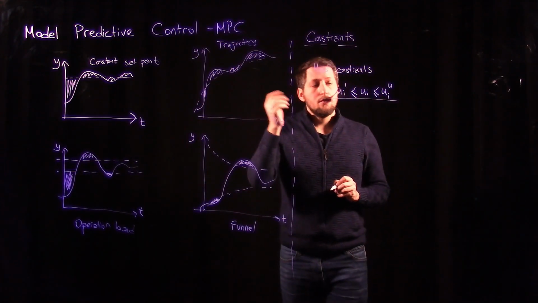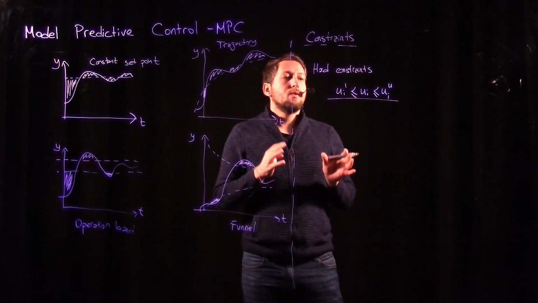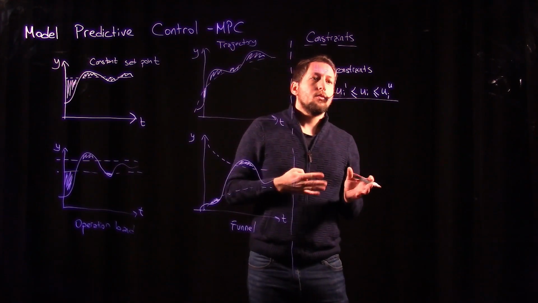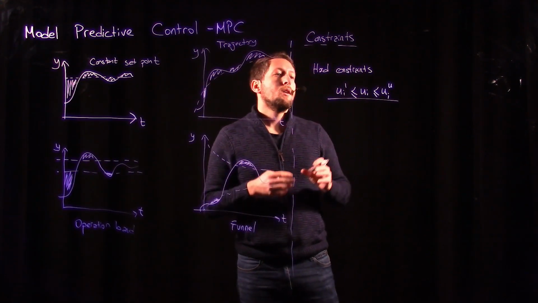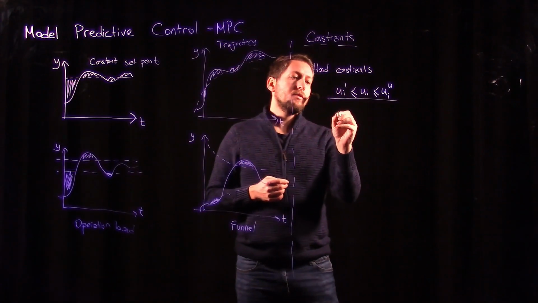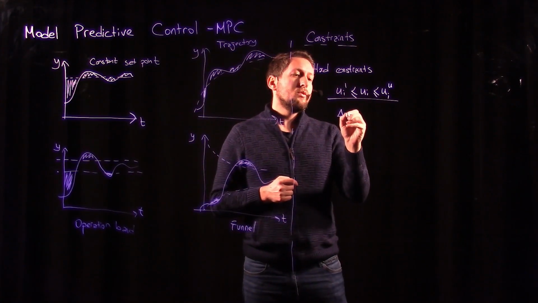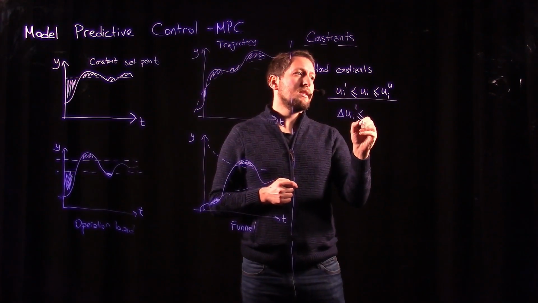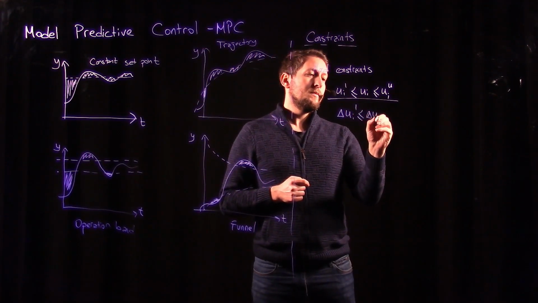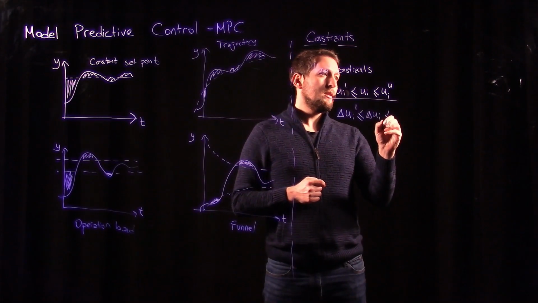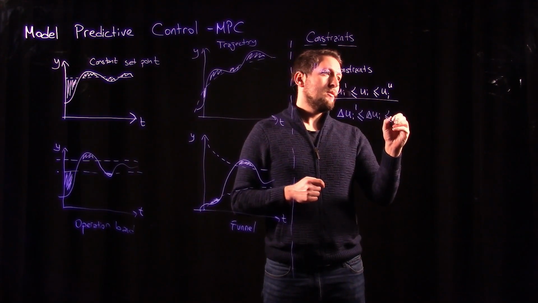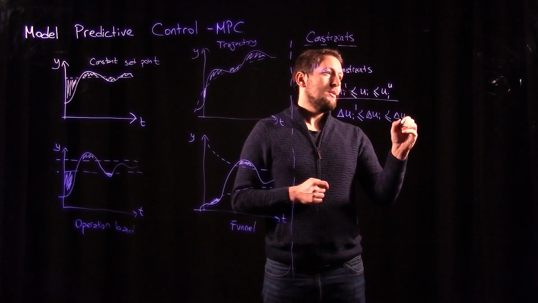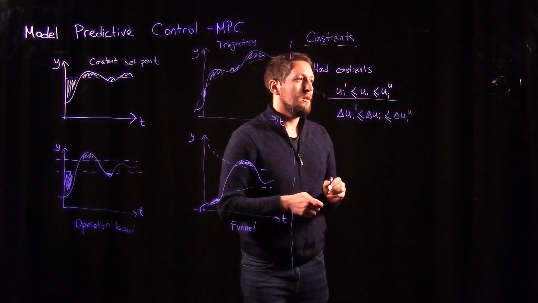Of course, you may also want to restrict how fast or how slow your input signal is changing. For example, you can also put some constraints on the variation of your input signals, so that Δu is less than or equal to that Δu upper limit.